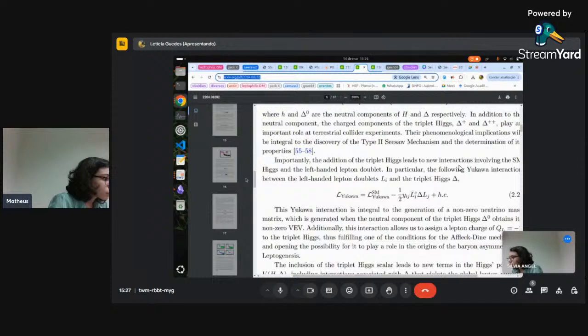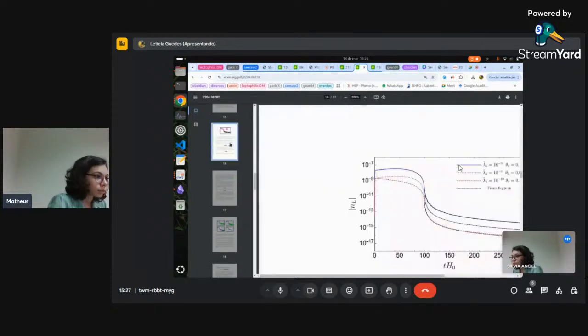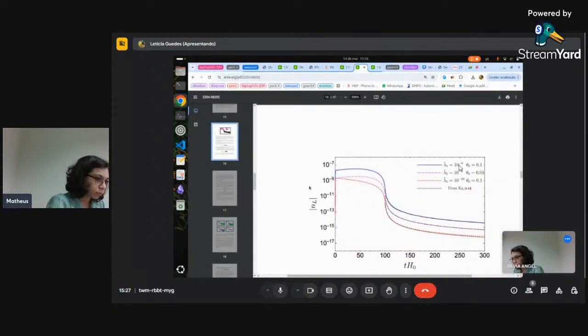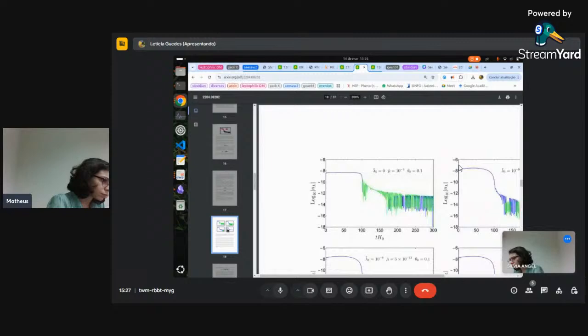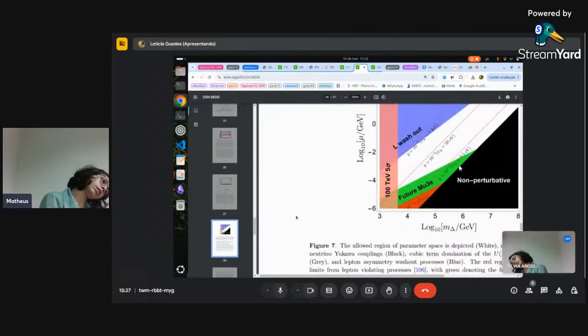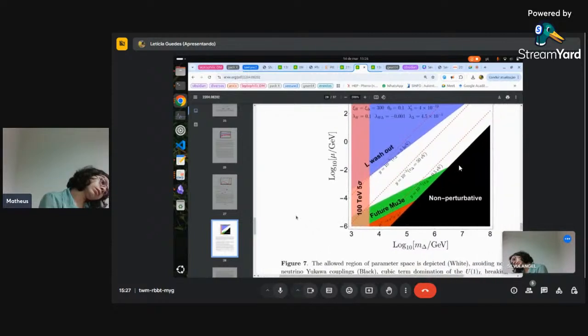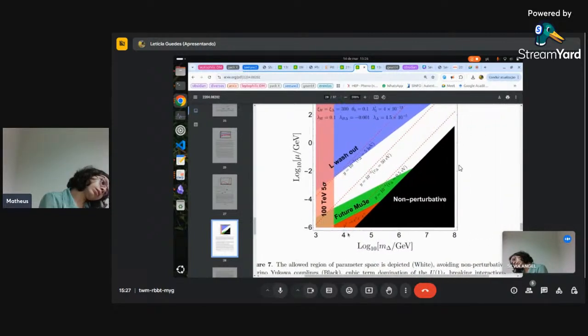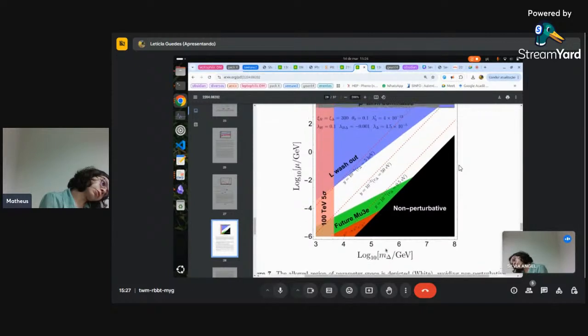I think it's just this one. Let me see here. Maybe this one. This is a paper about how to make baryogenesis from that. This relates as well the difference of the masses of the neutrinos.